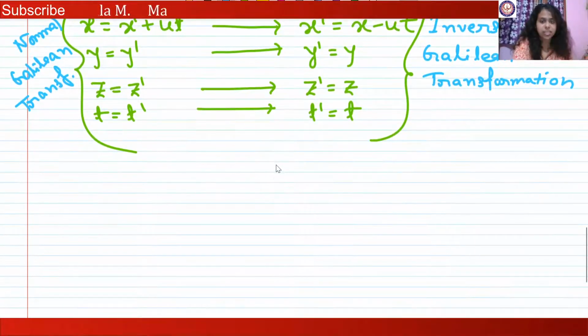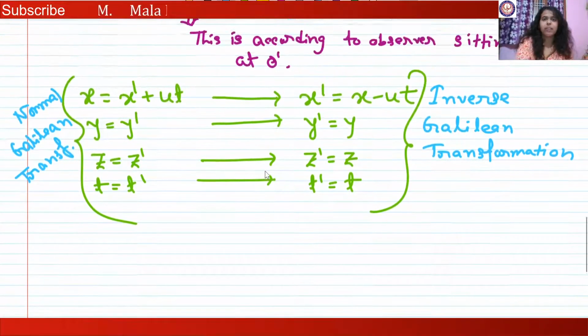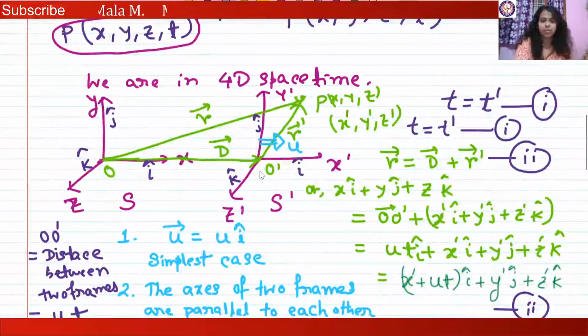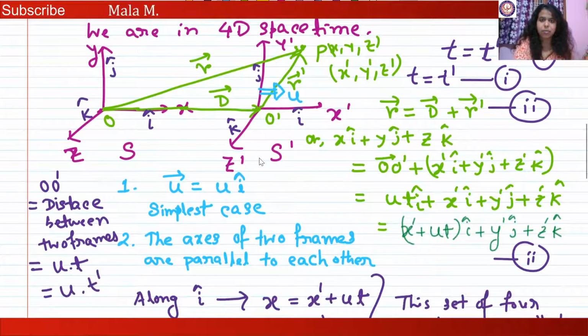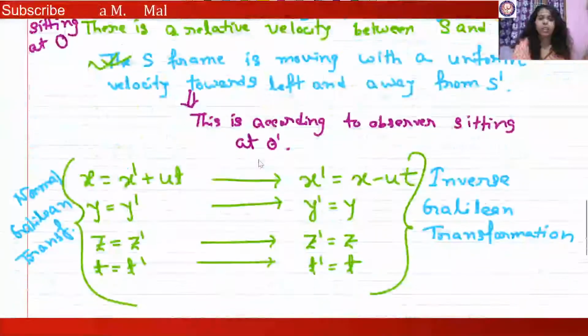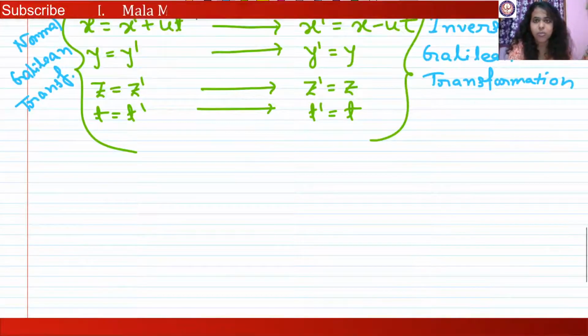I have discussed a simple case where our S prime frame is moving with a constant velocity along x-axis. But the situation can be more complex. But ultimately we get this type of equation. So what will be the more complex equations?